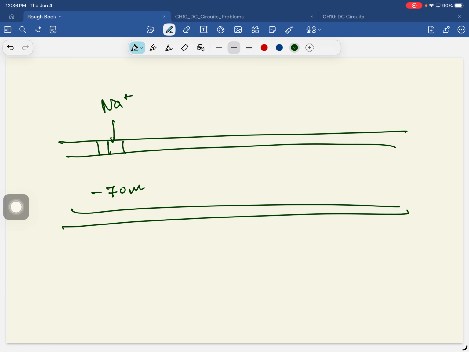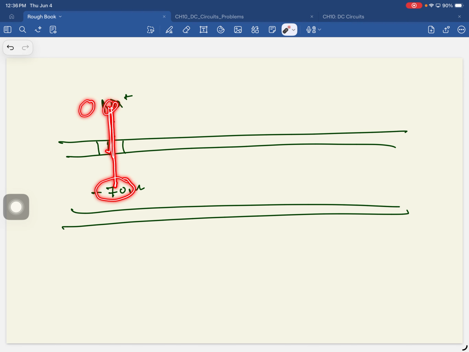So you're making it permeable to sodium. Remember, this was positive, so sodium ions will come in here. They'll flow in till this potential becomes 0 in that local region.